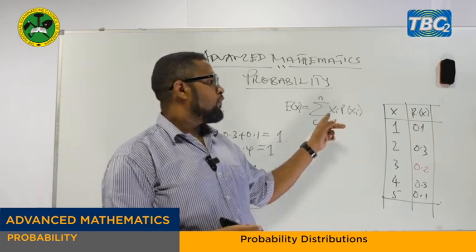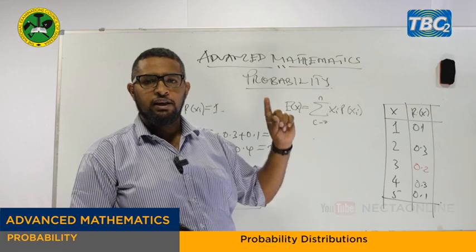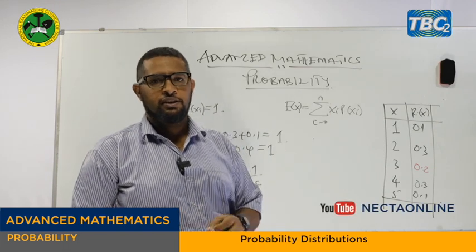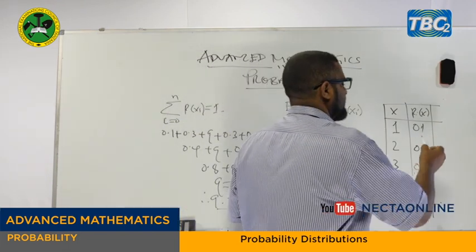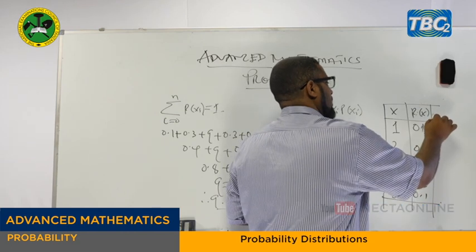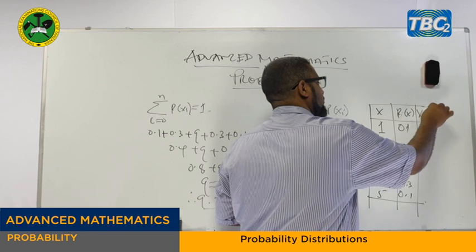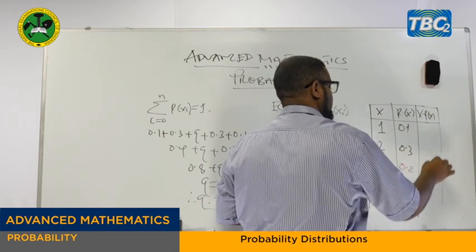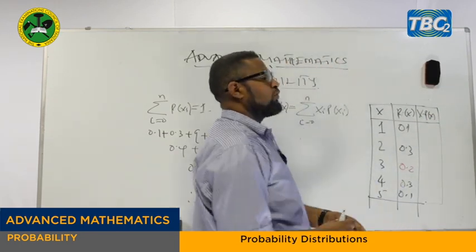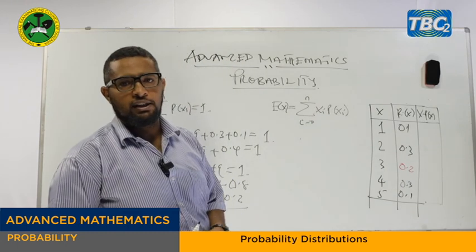It needs a column of product between variable x and its corresponding probability. So you go and add a column for x and the probability of that variable, meaning that we are going to multiply one after another.